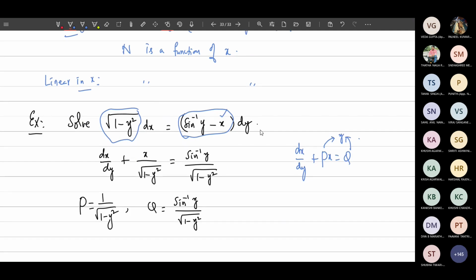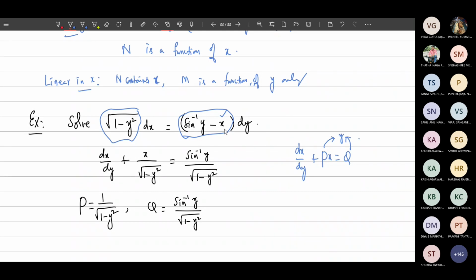So linear in x, how you write it is, n contains x. This is an observation. Most of the times it will be true. And m is a function of y only. So the dx coefficient is a function of y alone here, and n contains x, because the dy coefficient, that is sin inverse y minus x, contains x.